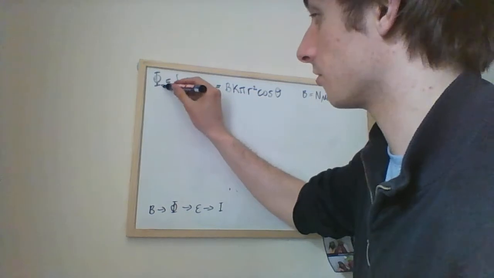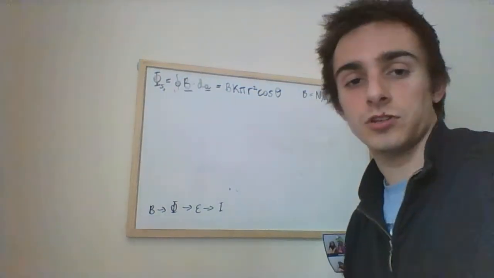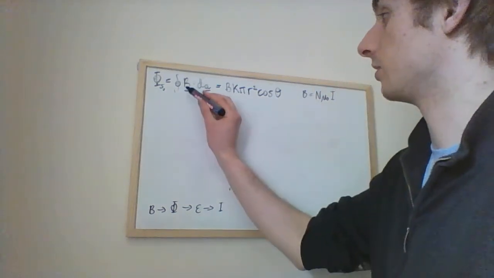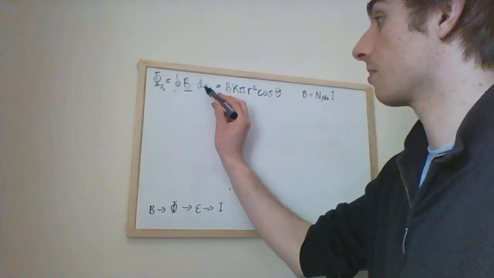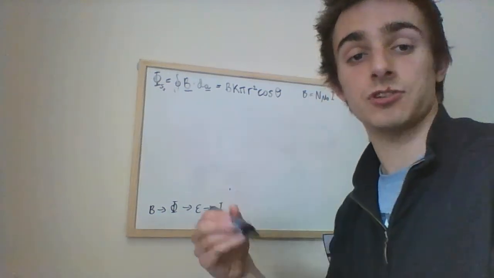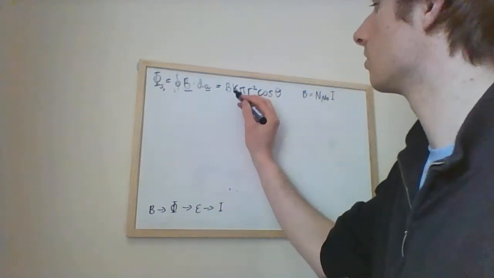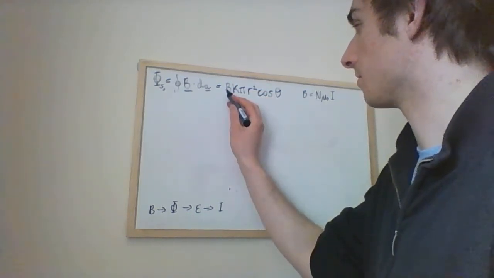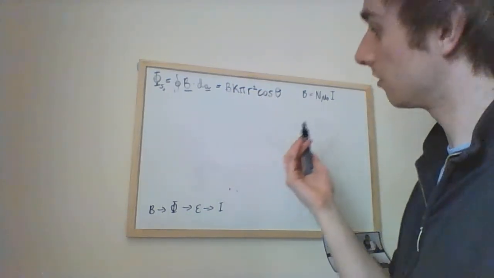Then our flux through our solenoid, well, it's just going to be the same kind of deal. So here we go. The area. So our solenoid, it'll have K turns just like our wire had K loops. So then, that looks very similar. Okay.